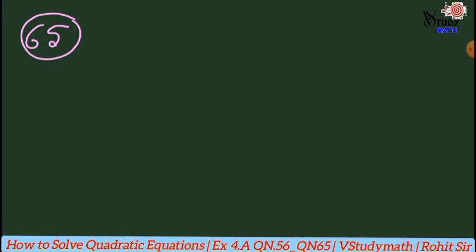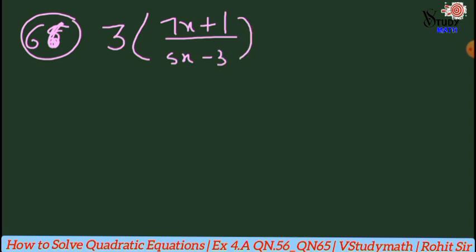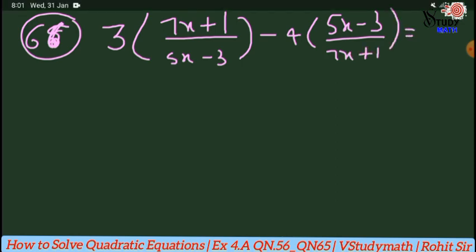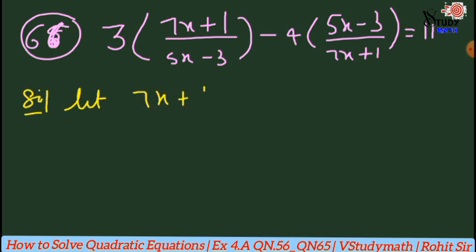Problem number 66 is here: 3 into (7x + 1)/(5x - 3) minus 4 into (5x - 3)/(7x + 1) is equal to 11. So here we can let (7x + 1)/(5x - 3) be equal to m, and the reciprocal is given here, that is (5x - 3)/(7x + 1), which is equal to 1/m.